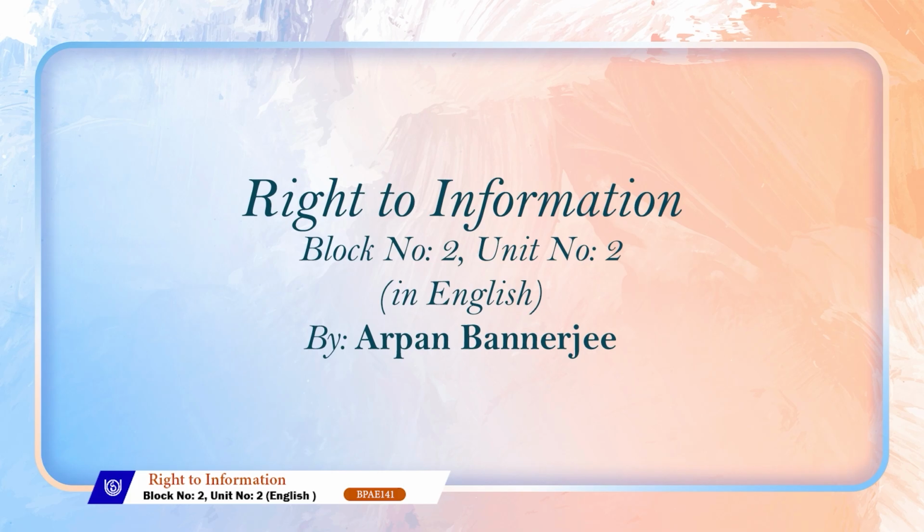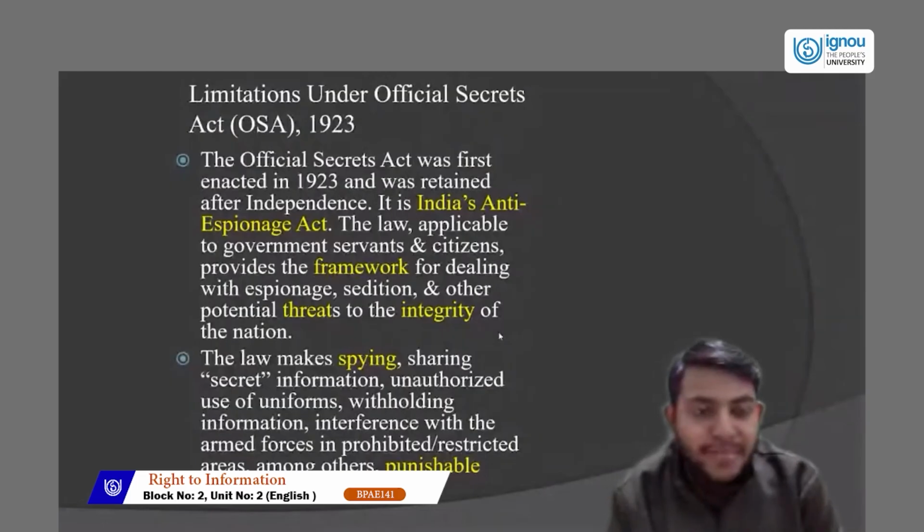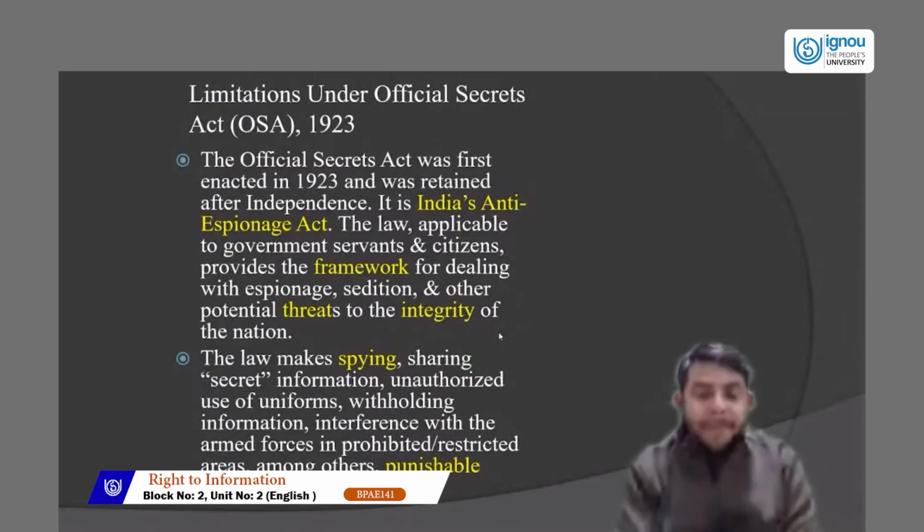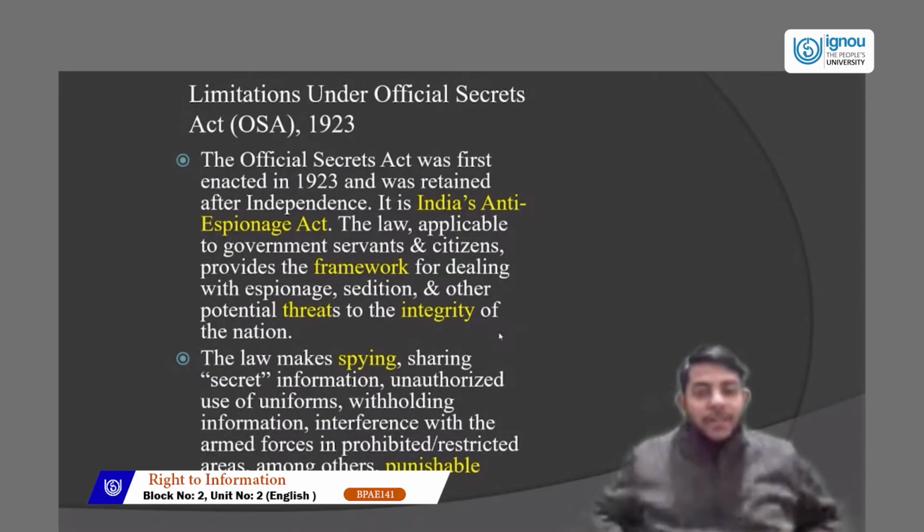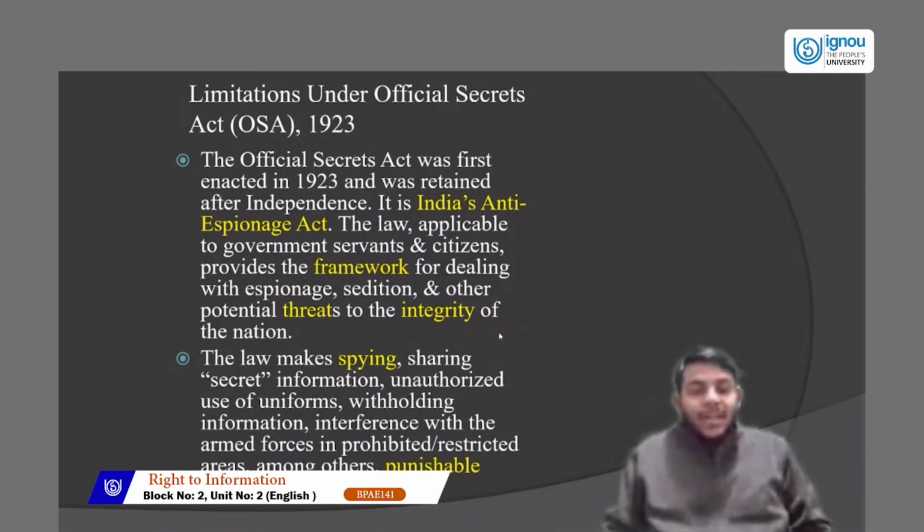This Official Secrets Act is India's Anti-Espionage Act. This law, which is applicable to government servants and citizens, provides the framework for dealing with espionage, as well as sedition and other potential threats to the integrity of the nation.